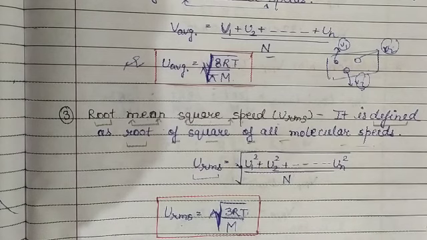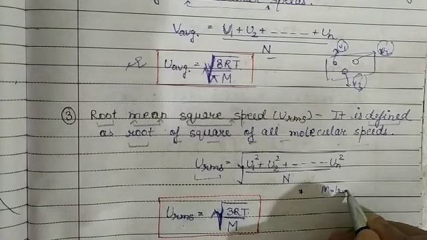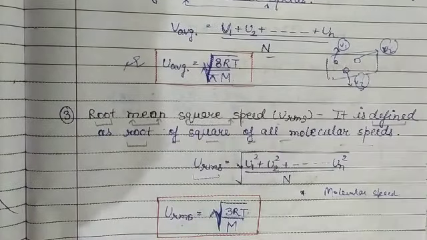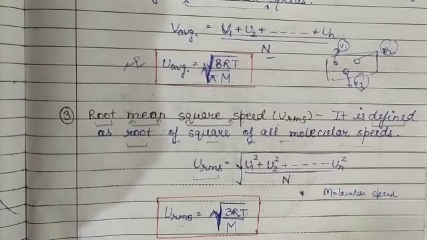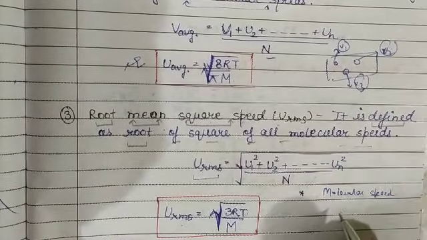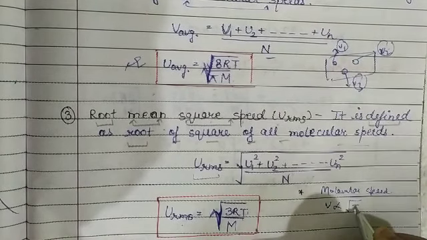As we have seen, all three molecular speeds, most probable, average and VRMS, are proportional to the square root of temperature.